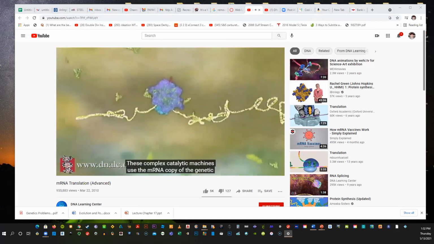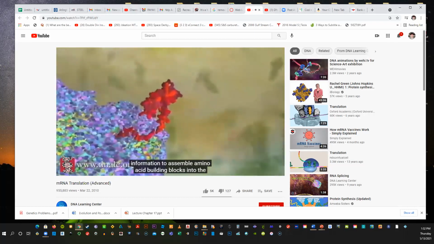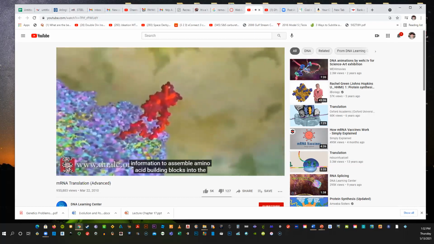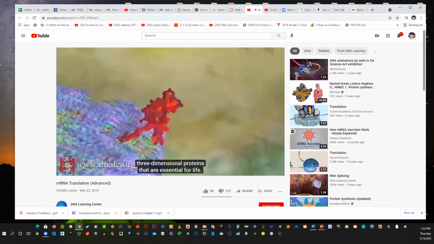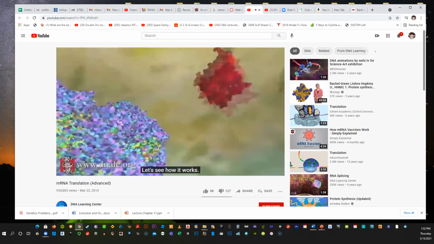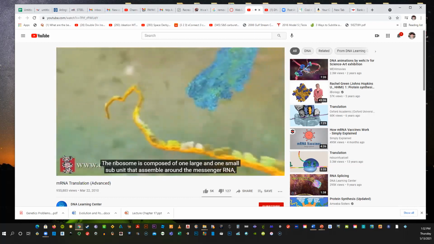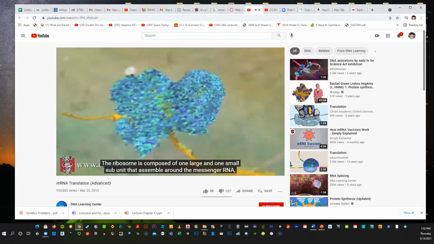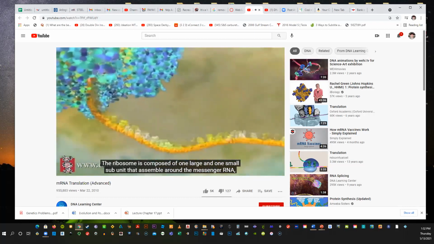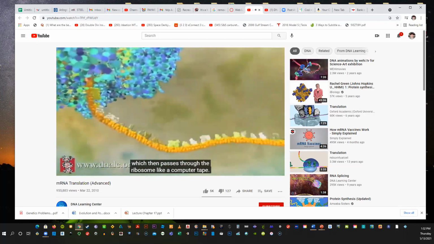These complex catalytic machines assemble amino acid building blocks into the three-dimensional proteins that are essential for life. Let's see how it works. The ribosome is composed of one large and one small subunit that assemble around the messenger RNA, which then passes through the ribosome like a computer tape.